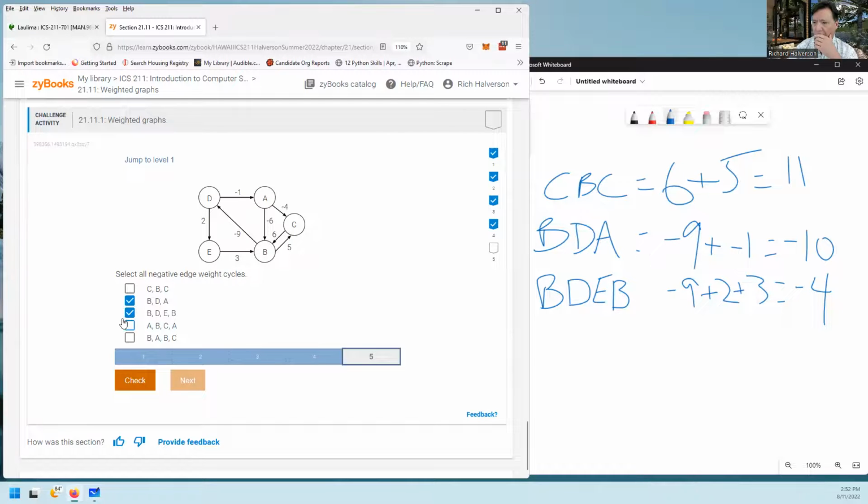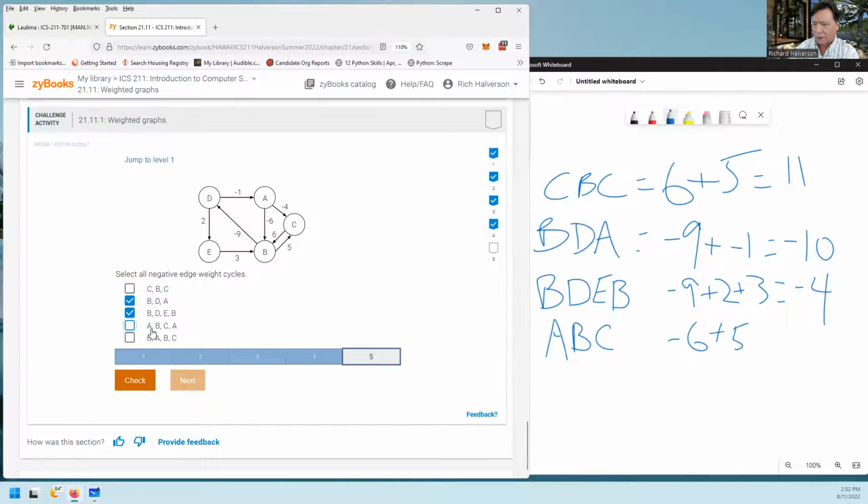What about A to B? A to B is -6. And A to B to C, B to C is +5. And then A to B to C, back to A again.